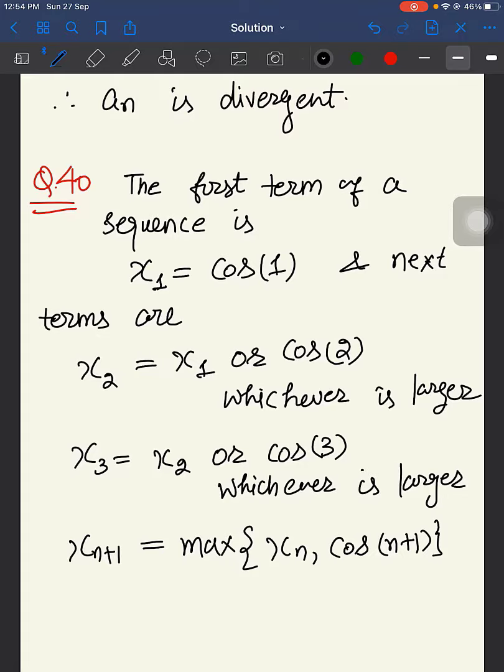So we want to check whether this is convergent or divergent. This is easy to check.